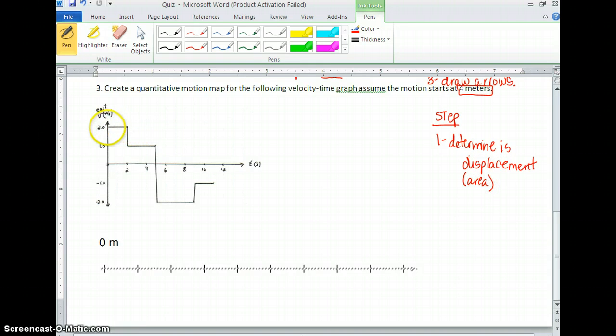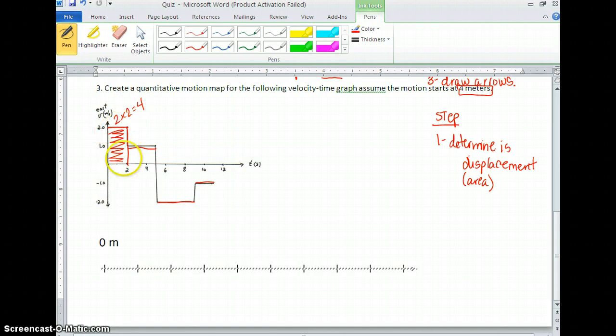So if I go, here's my first line, here's the second line, here's my third one, and here's my fourth one. So this first line, if I draw a box, it's going to come down to 2, and this is how far he goes the first time interval. So notice that if I look at the side, it's 1, 2 high, times 1, 2 wide, so 2 times 2.